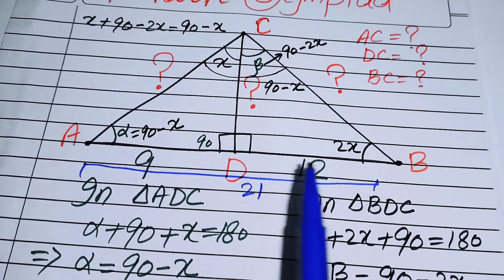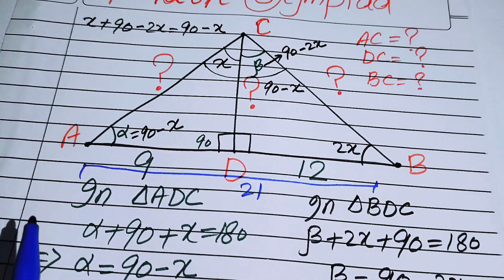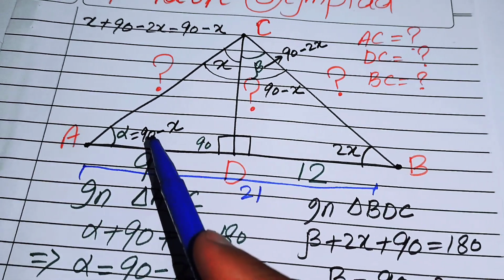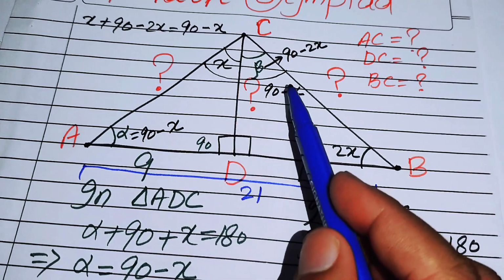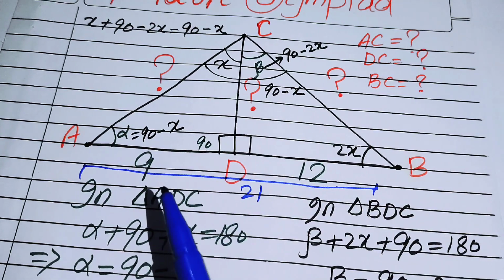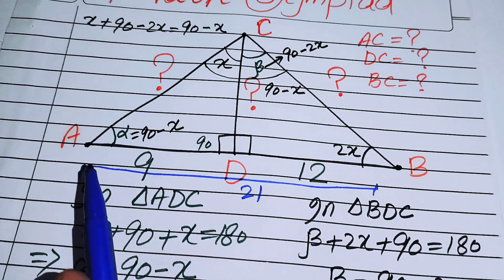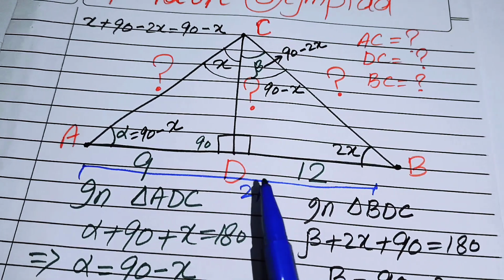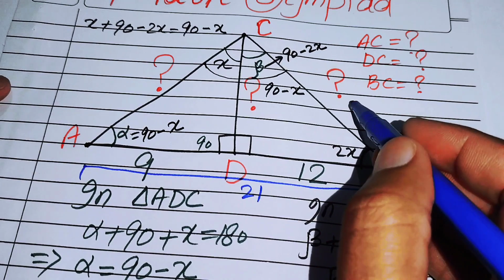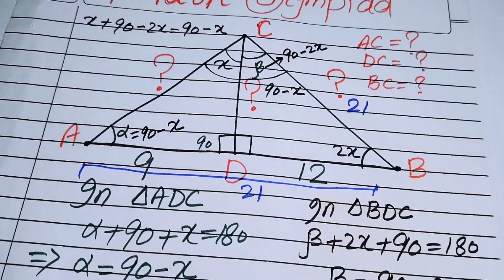If triangle ABC is isosceles, then its two angles are the same, these are 90 minus x and 90 minus x, and the lengths of its two sides are the same. So if the length of this side is 21, then the length of this side is also 21.